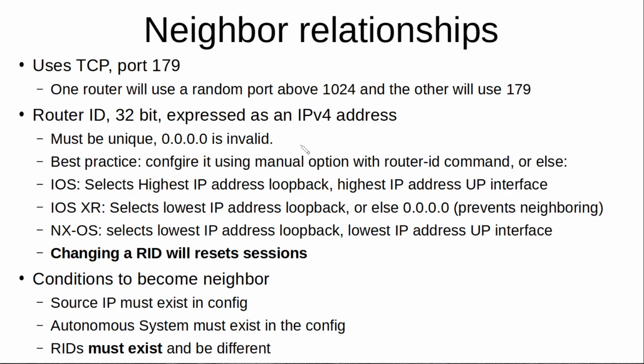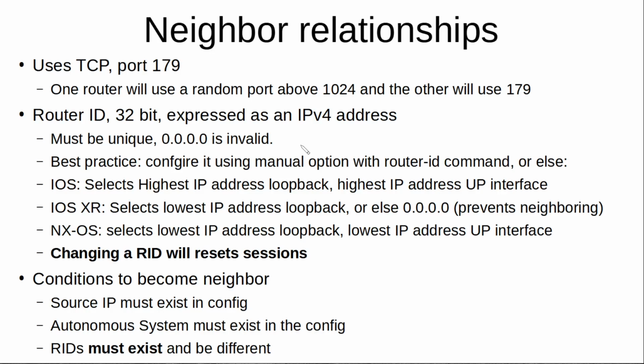When establishing a connection, BGP uses TCP. As with any TCP connection, one device will use a random port above 1024 and will connect to the other device using the BGP port number, which is 179. BGP routers will need a router ID, which is 32 bits and is expressed as an IPv4 address.